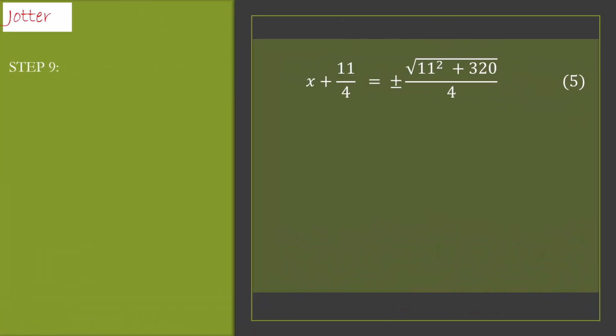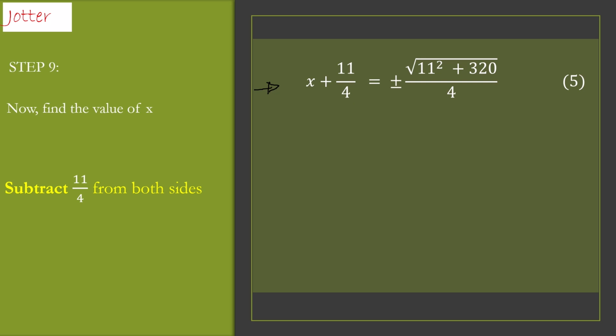Step 9, we are still looking for x, and for us to find x from here, we need to separate the constants from the left hand side. And to separate the constant from the left hand side, we must remove that constant on the left hand side. So we subtract the constant 11 over 4, that's plus 11 over 4 from the left hand side, and we must also do the same to the right hand side.